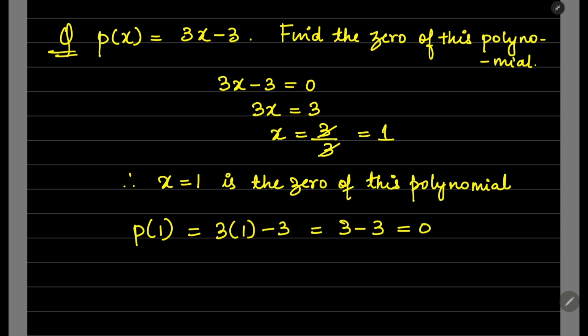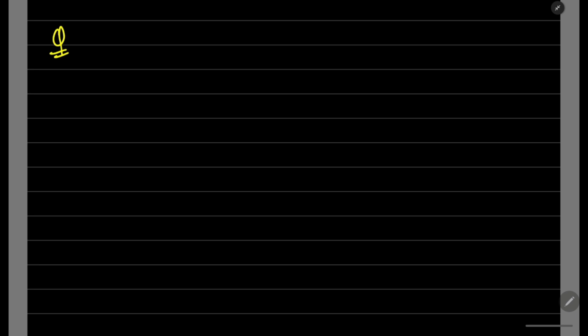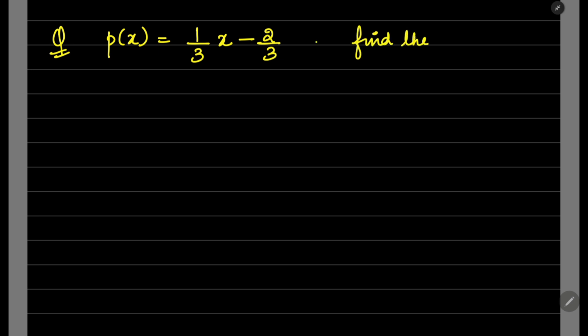Now let's do another question. The question is P of x is equal to 1 by 3 x minus 2 by 3. You have to find the zero of this polynomial P of x.